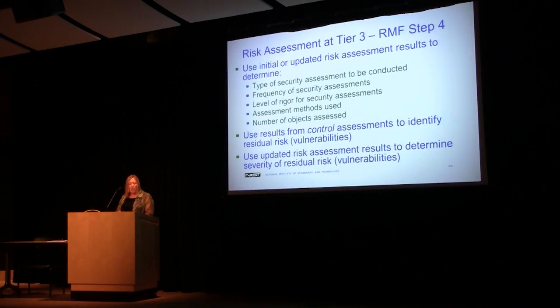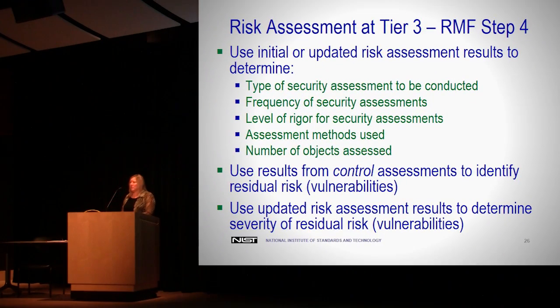And then in step 4, the assessment step, this is where we actually assess whether our controls are working effectively, all the controls that we implemented during step 3. The risk assessment is going to be really important here to help you determine what type of assessment you might want to conduct, and we'll get into that a little later when we talk about 53A.